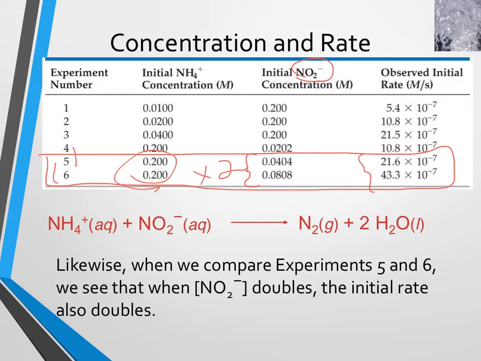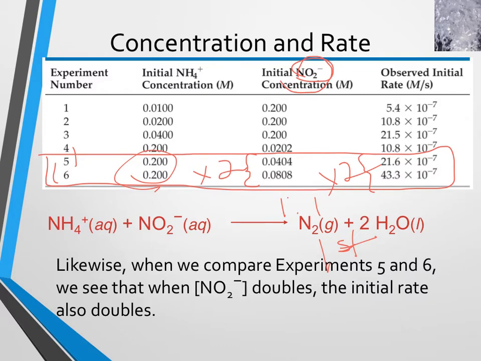It roughly doubles. You're not going to have perfect data, it's like 2.1 or something, because it is a lab experiment. And so the order of the reaction with respect to the nitrite ion is also first order because there's a 1-to-1 relationship, directly proportional to the rate.